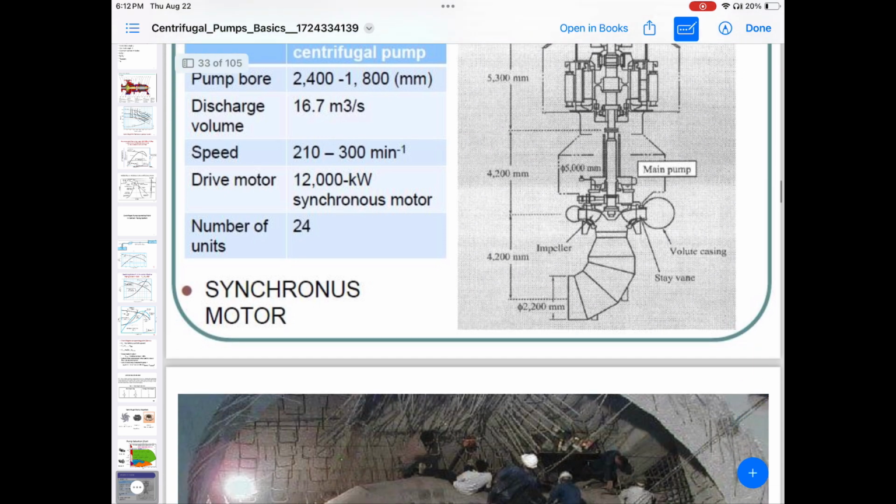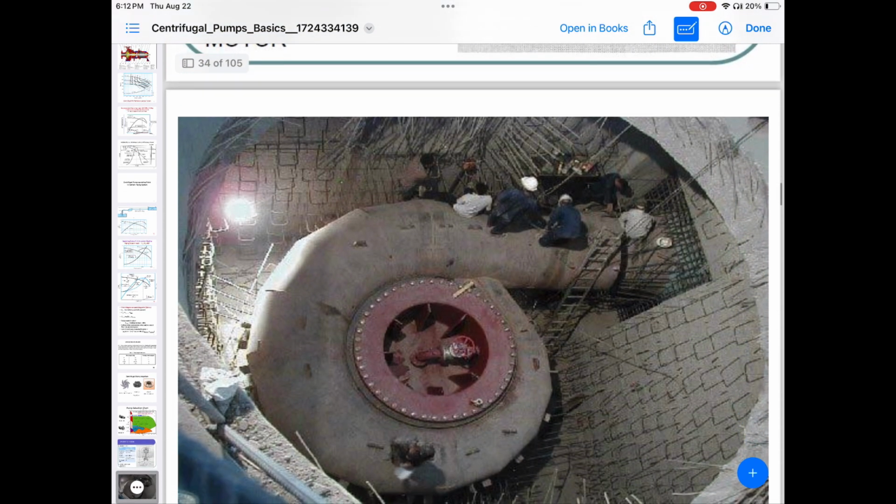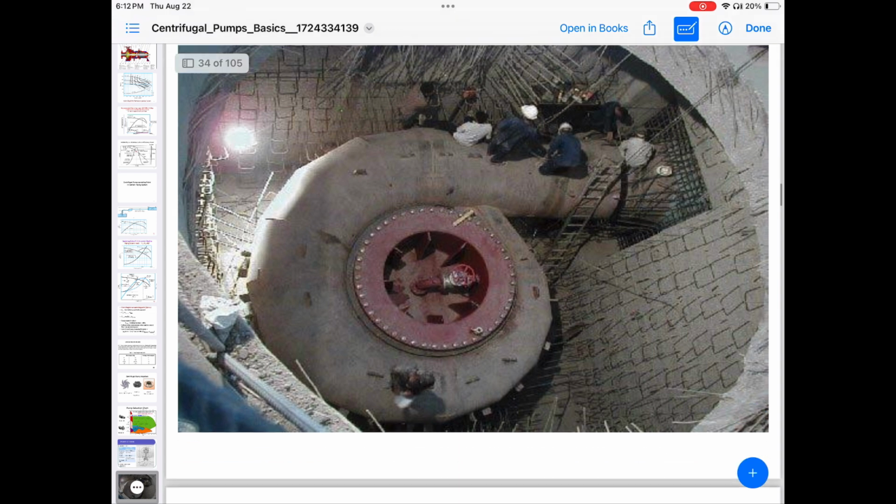There is a recommendation for the purpose of the pumps.